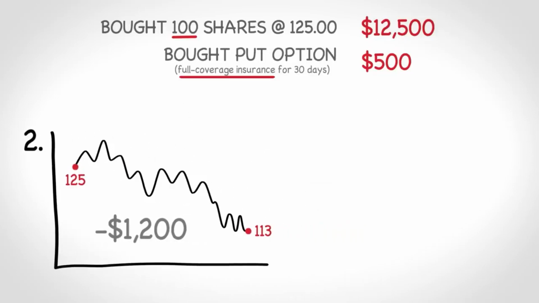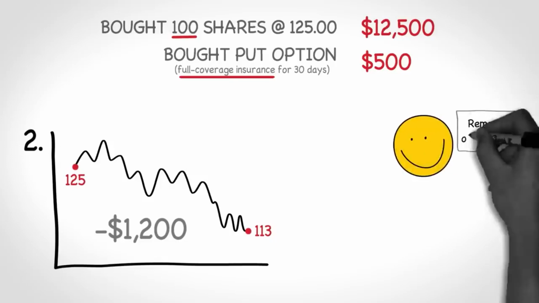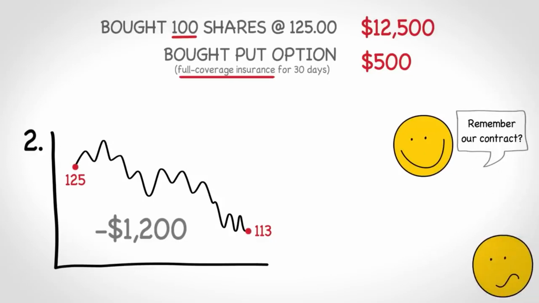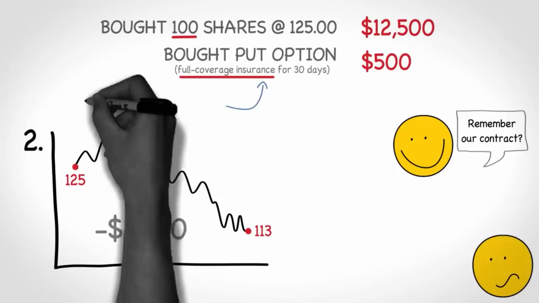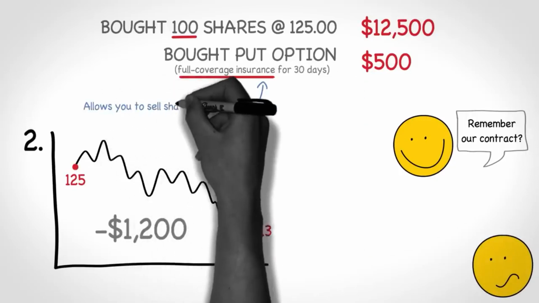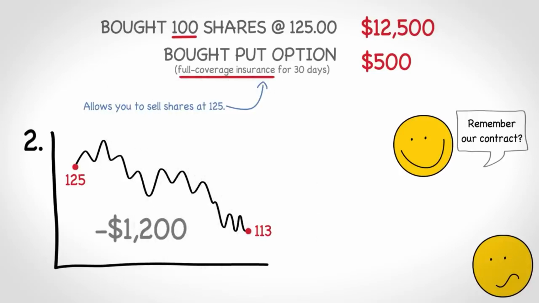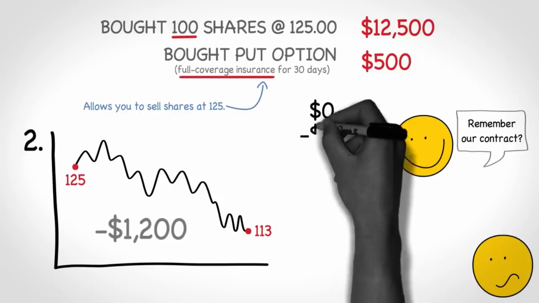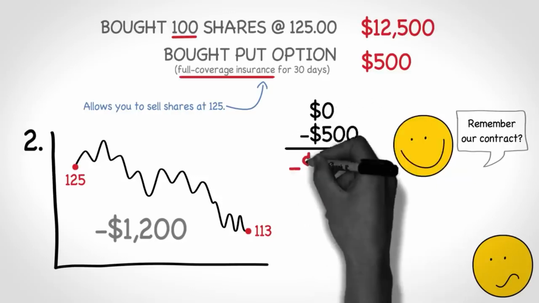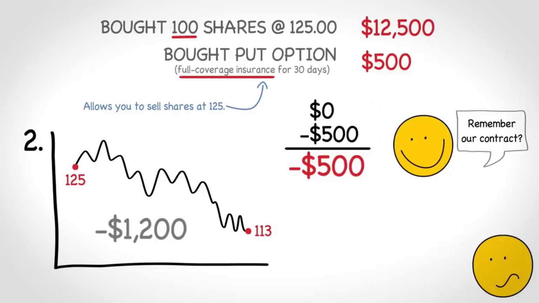Now, you go to the person who sold you the option and say, hey, remember our contract? Now, even though the stock is at 113, you are able to exercise your option to sell your shares at 125 per share. So you lost nothing on the stock. Your only loss in this scenario is the $500 you paid for the put option, much better than the $1,200 that you would have lost if you did not purchase this option contract.